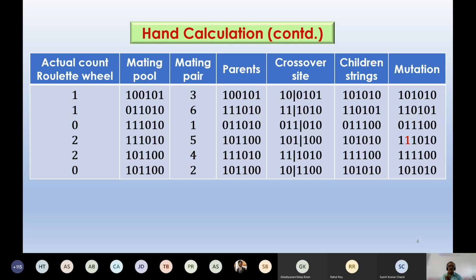Only thing you have to be careful about while getting the mating pair: corresponding to the first one, I have to select only one out of the remaining. It cannot be the same as the first one. So out of the remaining 5, you have to take any one using the random number generator. This is the method. So I'm just going to proceed further.